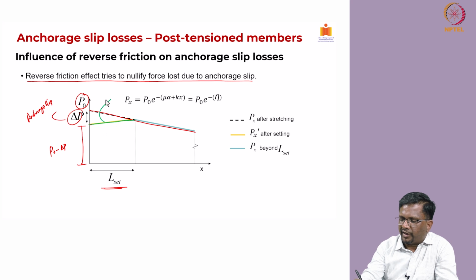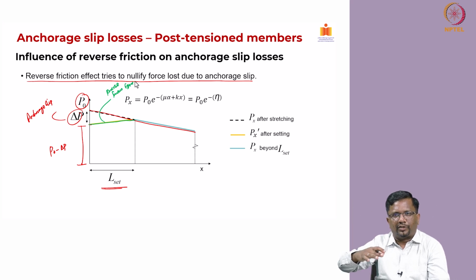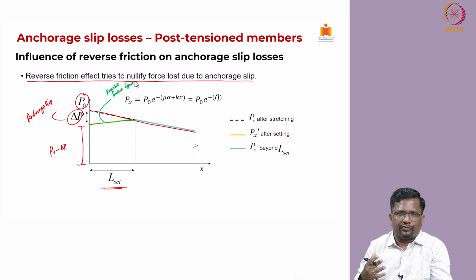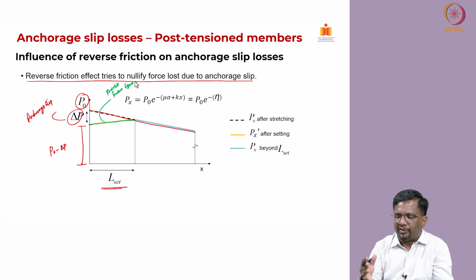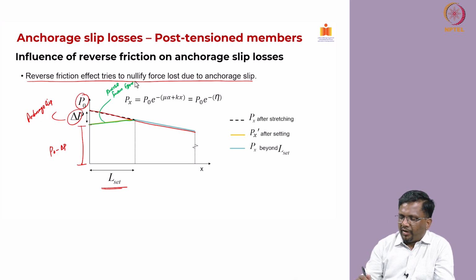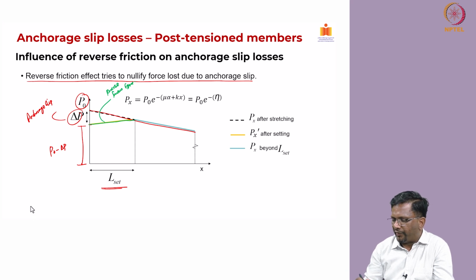This increase is happening because of the reverse friction effect. As you say, there is a sudden loss that is happening because of anchorage, and then the system tries to regain that lost force. So, the friction effect will now act in the opposite direction, that is why it is called the reverse friction effect. This is the overall effect of what we saw previously.